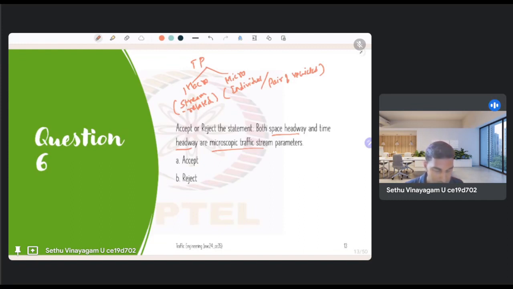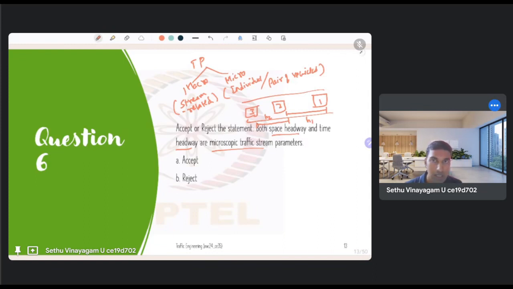If you look at a traffic stream, let's say we have these three vehicles, 1, 2, 3, right? If we take the space headway, it is between the corresponding points, like the front bumper to the front bumper, so this would be h1, and similarly this distance would be h2. h1 need not be equal to h2, so it depends on the pair of vehicles. For 1 and 2, the space headway is h1.